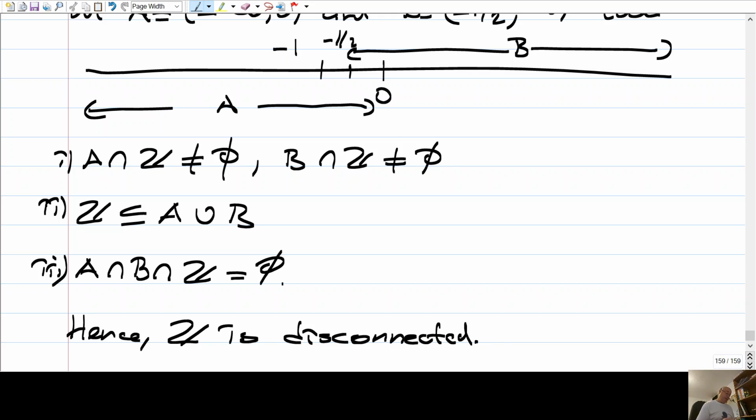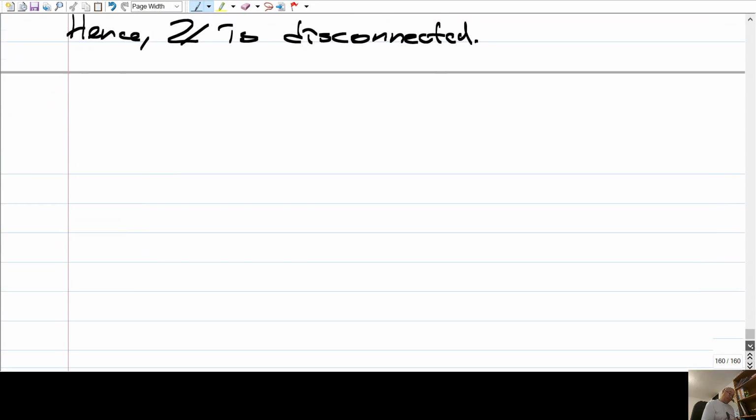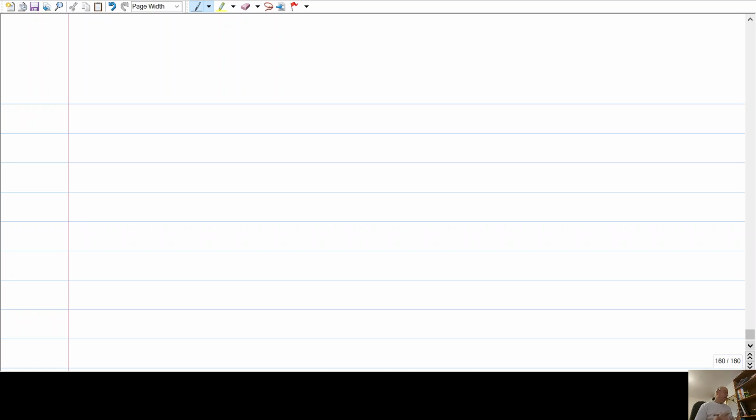Okay. Well, to see more examples of both connected and disconnected subsets, we have to have some general results. One of them is the following. Proposition.